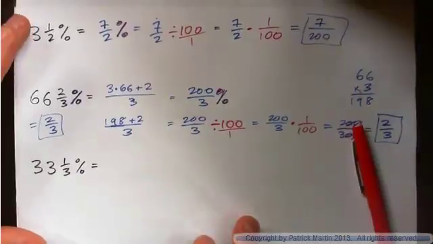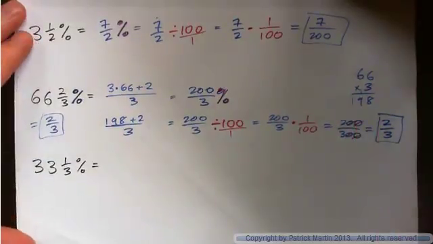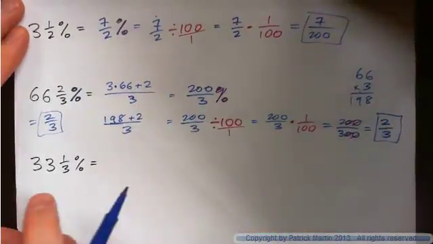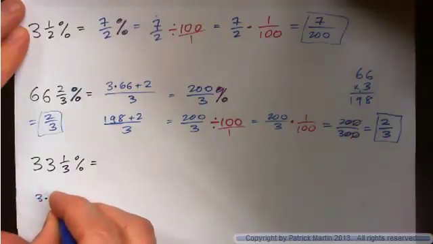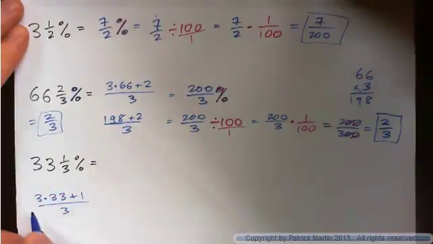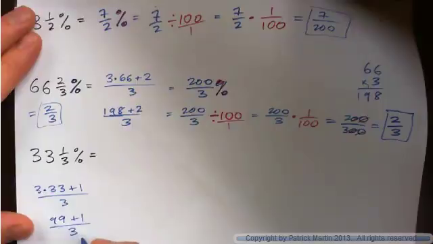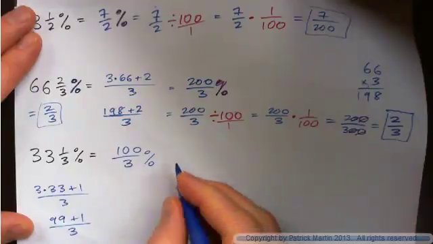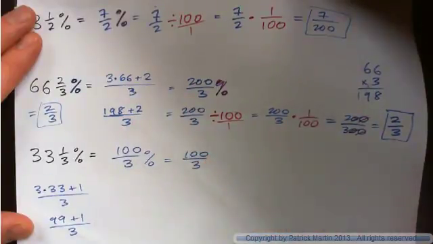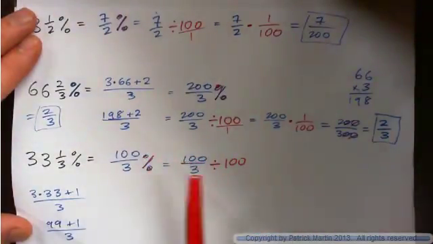Okay. What's 33 1/3%? By all means, press pause and try it yourself, and then I'll do it really quickly, okay? So first of all, turn it into an improper fraction. So we got to go 3 times 33 plus 1 over 3. 3 times 33 you'll find is 99. So we have 99 plus 1 over 3, which is 100 over 3%. Okay, which is 100 over 3 divided by 100, because that's what percent means, divide by 100.